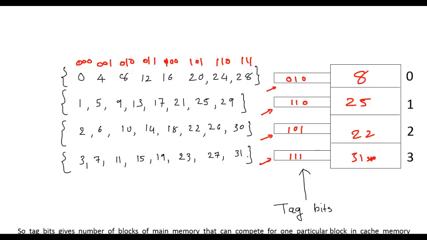Okay, so we have the 31st block in the third cache memory block, and that information we have retrieved by tag bits, which are stored in these registers which are associated with each cache memory block.